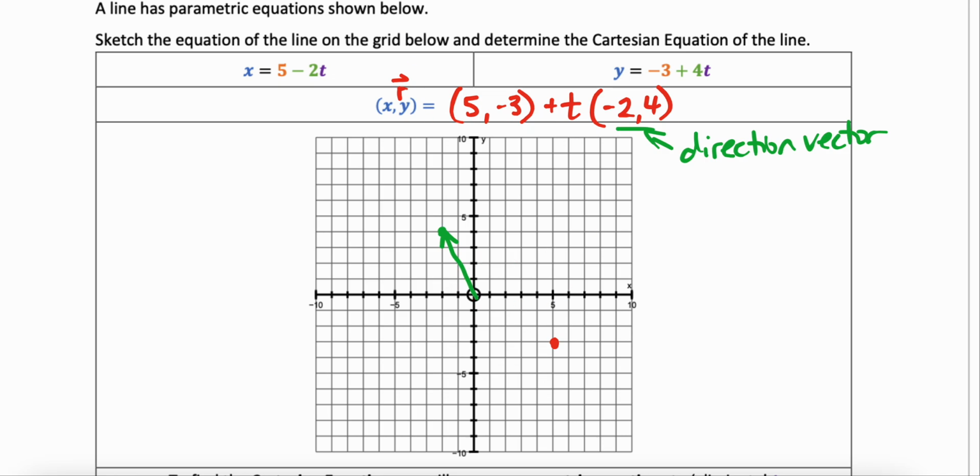So my direction vector really says that I'm going to go over to the left 2, and I'm going to go up 4. So I can go over 2, up 4, right there's another point on that line. Over 2, up 4, there's another point on that line. So I can now connect these in a nice straight line, and there is that line on a plane.